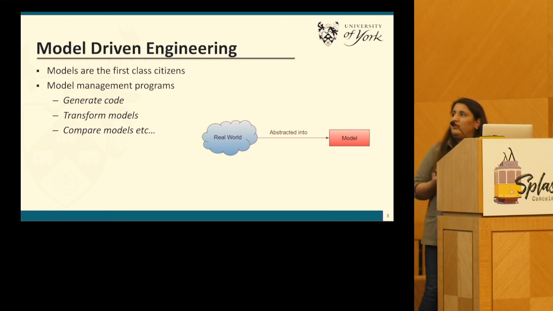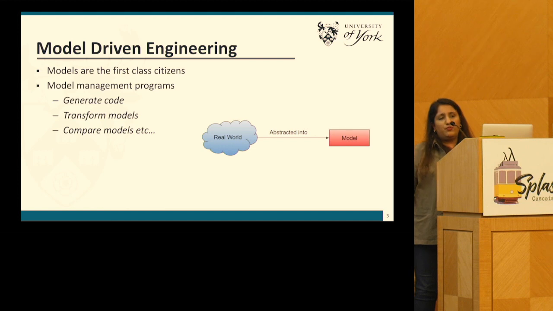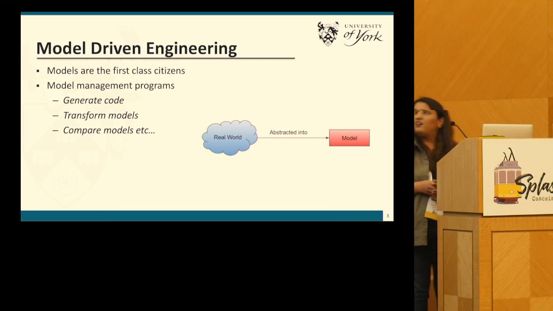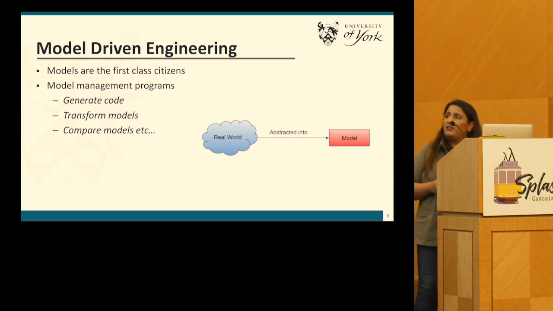In model-driven engineering, models are the first-class citizens, the primary artifacts from which we generate other software artifacts. We have various model management languages to do various model management tasks. We can generate code, transform models, compare them, merge them, etc.